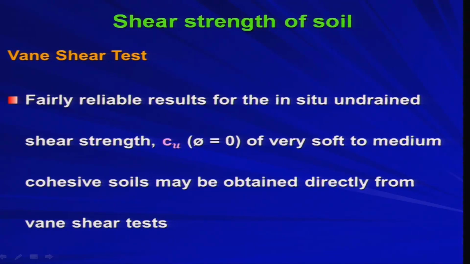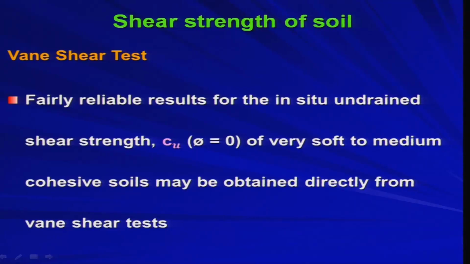However, it can be used in the laboratory, though we have several different types of sophisticated tests like the triaxial tests, the direct shear test, as well as the unconfined compressive strength determination test. So, these are the tests already available in the laboratory. Apart from that, you have the vane shear test, and this is the only test which is applicable to the field as well.